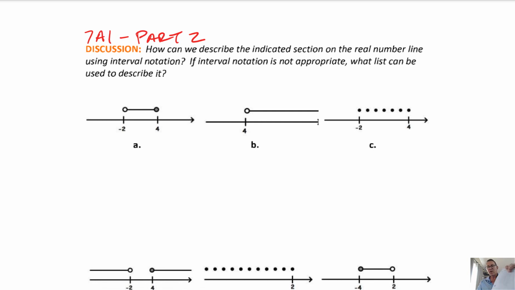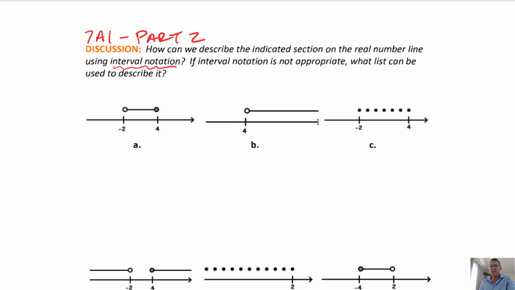All right, part 2, the last discussion point before we get into your activity here on 7A1. We're going to talk about how to interpret the real number line and how to write it in interval notation. So we're going to continue discussing what I just discussed.